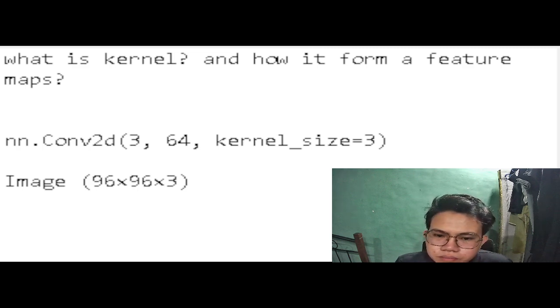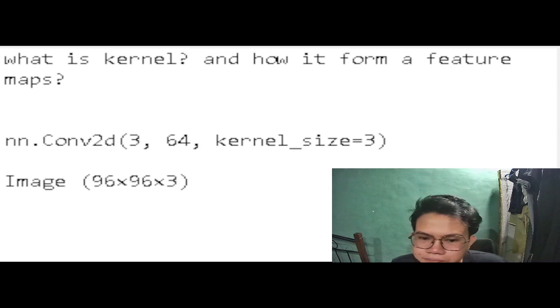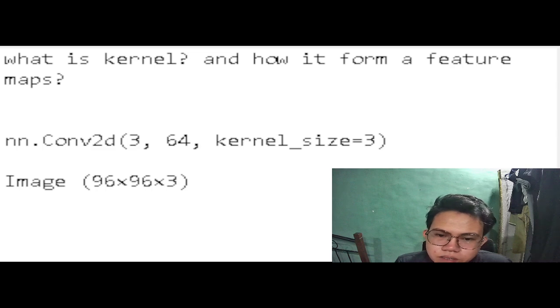So yeah, that's the power of this filter that forms the feature maps.